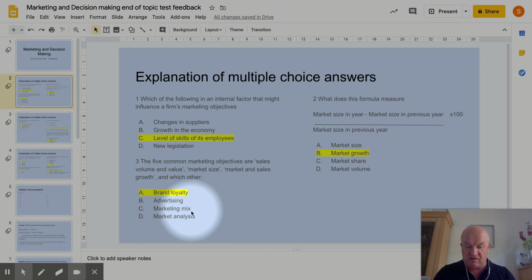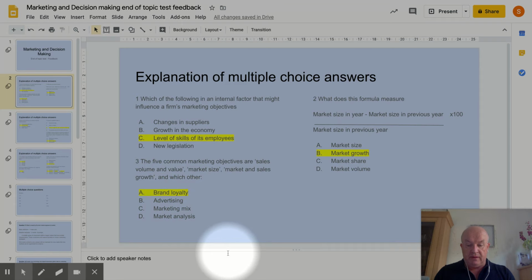The marketing mix is the 7 Ps, and it's a model that's used to assess the way in which a business might go about its marketing. Market analysis, again, is not really going to be a marketing objective, but having high levels of brand loyalty, or setting that as a target, would be a legitimate and relatively common marketing objective to set. So the answer to question 3 would be A, brand loyalty.